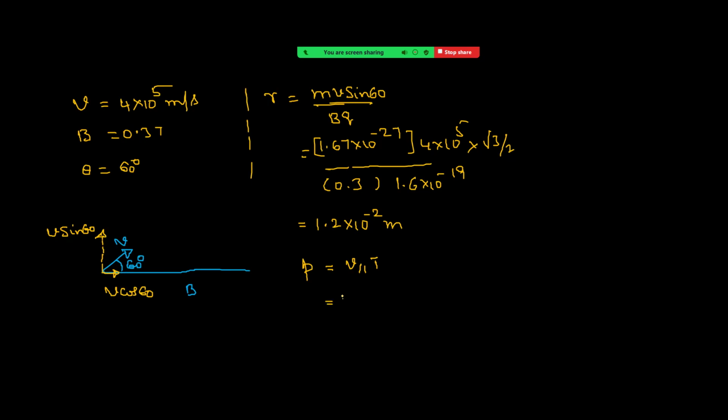So V parallel is now V cos 60. So time taken to complete one revolution, time period is now 2 pi m by BQ. So now we have to substitute values in this. Then you are going to get 4.37 × 10 power minus 2 meter.